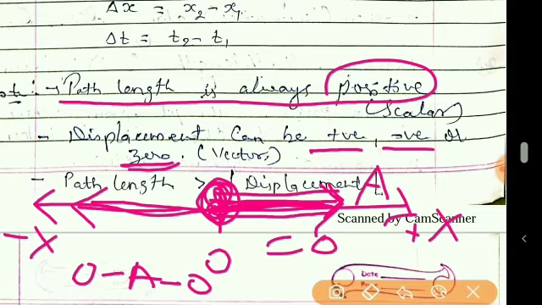Why? Because for that time the person is at point O only, because he moved to A and came back to that point once again. So he is here only, he has not moved at all in terms of displacement.